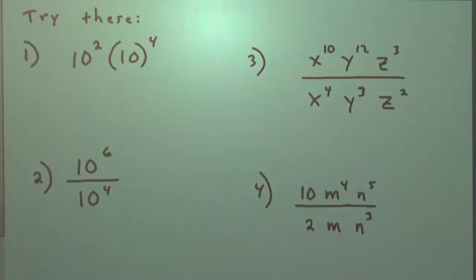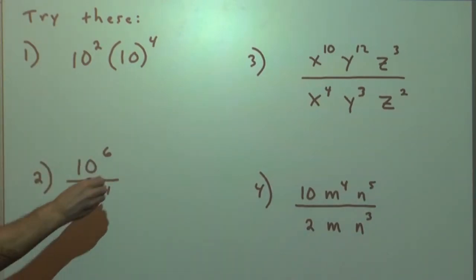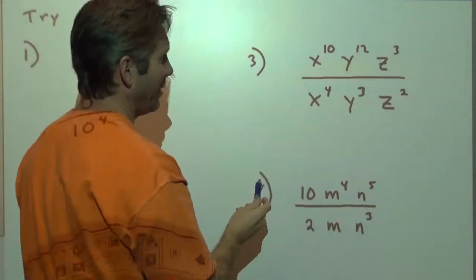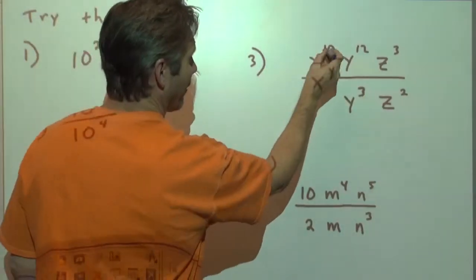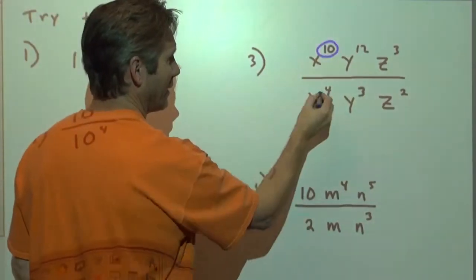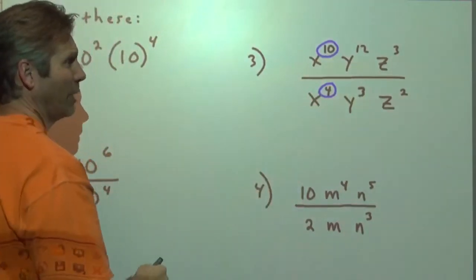Try some of these. 10 to the 6th divided by 10 to the 2nd. This one gets a little dicey. Don't be afraid of the variables. They're just numbers. There are 10 x's multiplied here. There are 4 x's being multiplied here.